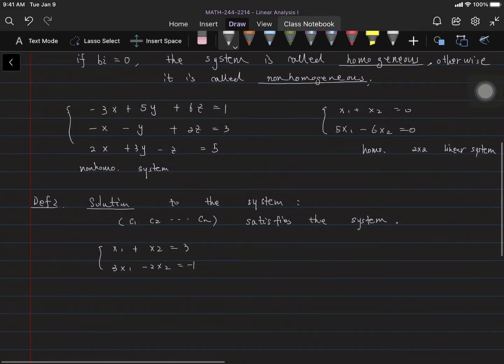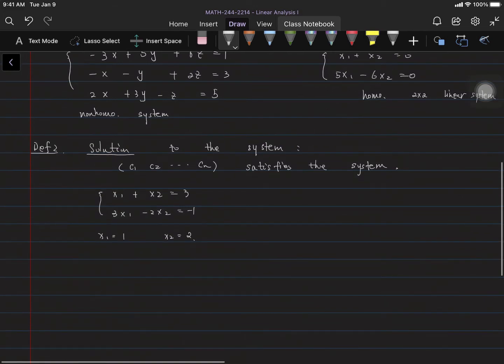The solution for this one, before, we wrote down x1 equals 1, x2 equals 2. But right now, in this class, we are always going to write the solution this way, (1, 2), like this. An ordered pair.